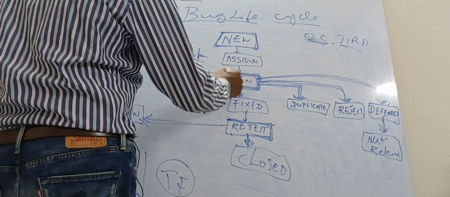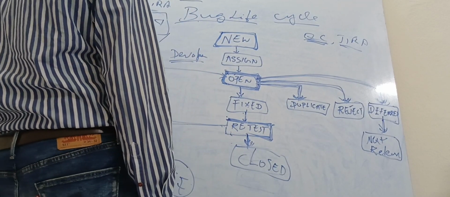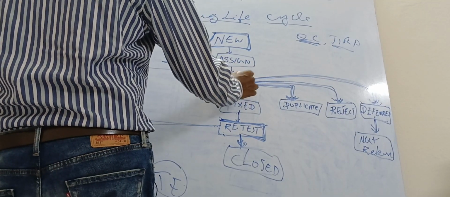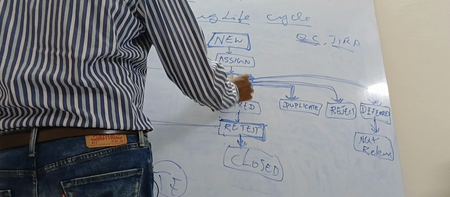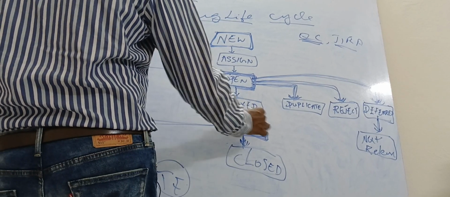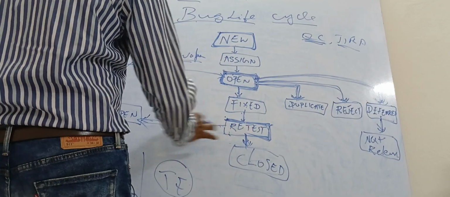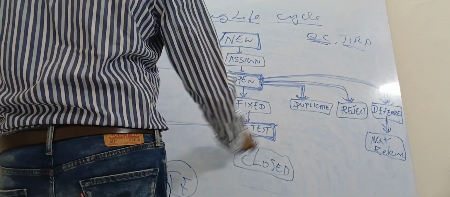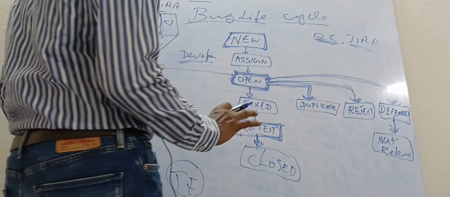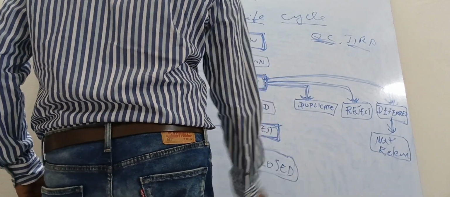Reopen means again the developer will work on it and fix the defect, and if it is truly fixed, it will be closed. If the developer has not truly fixed it, immediately the test engineer puts the status as reopen. So it is a cycle, it will happen from the new defect to the defect closing.